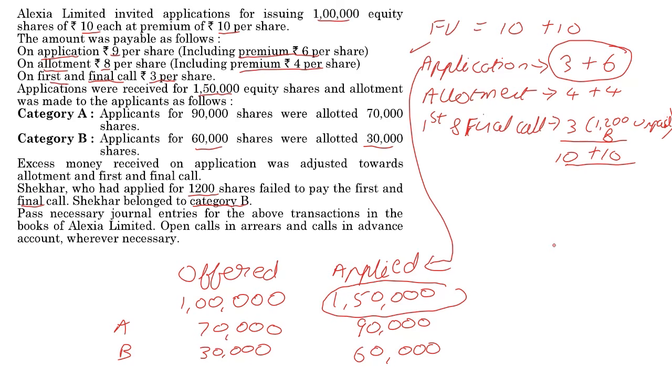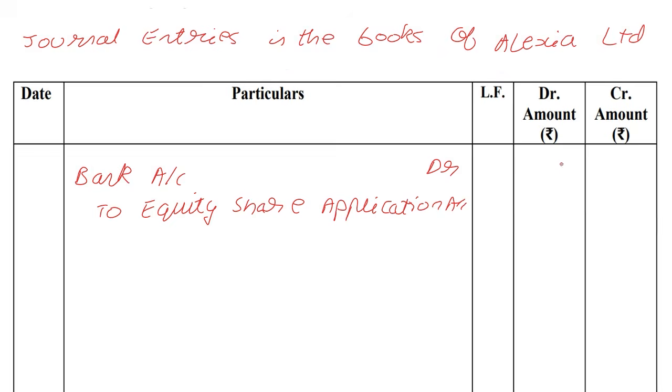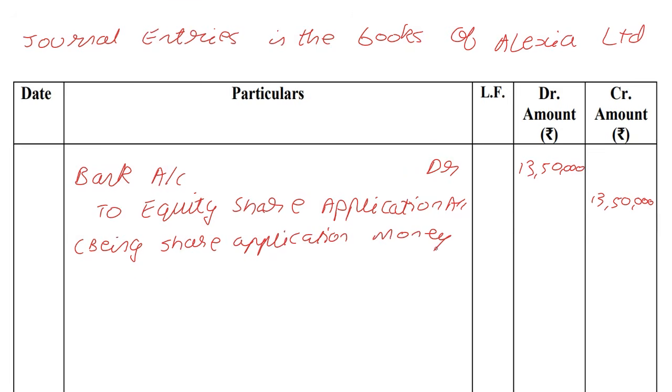I can simply go there and write 13,50,000, being share application money received. Of course, if you want to put more details in the narration, feel free to do that.